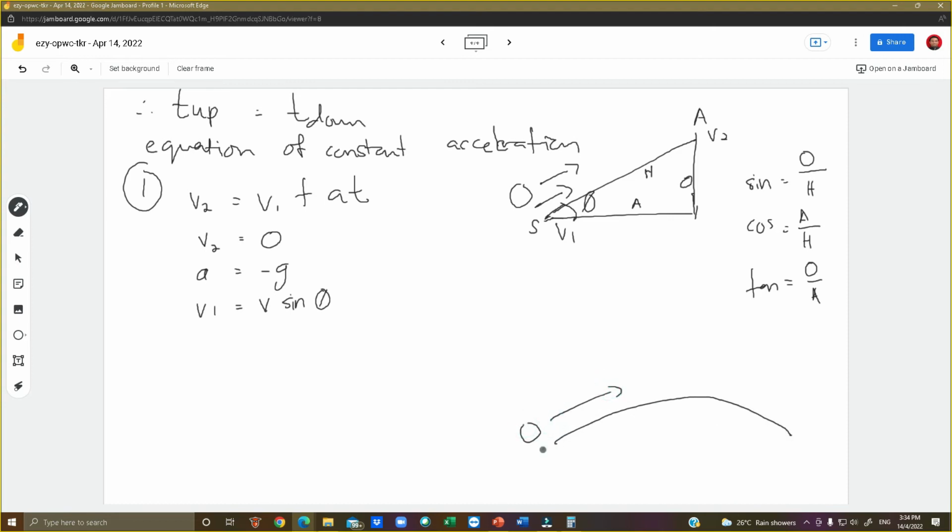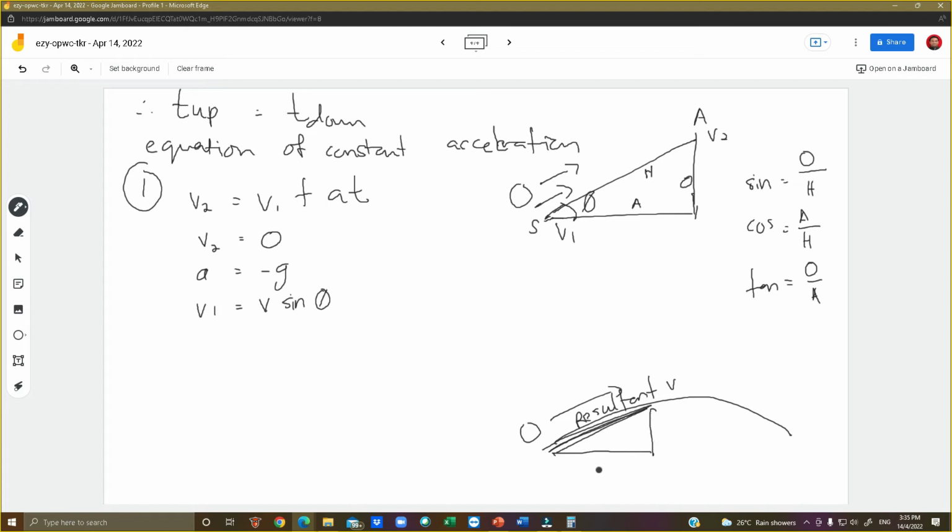Meaning, it will involve the hypotenuse ataupun resultant. This is known as resultant velocity. Why is it resultant? Because this velocity is the byproduct of horizontal component and vertical component.